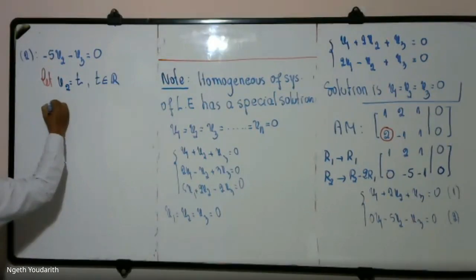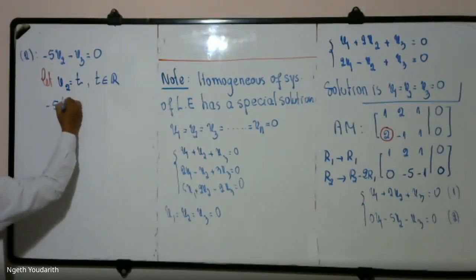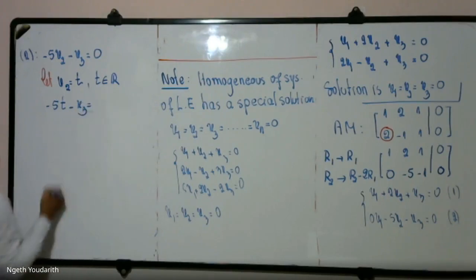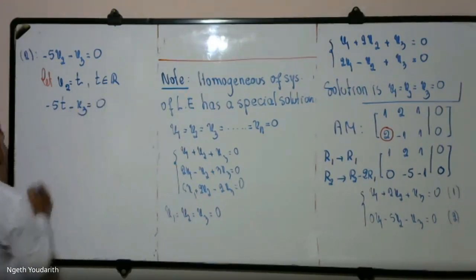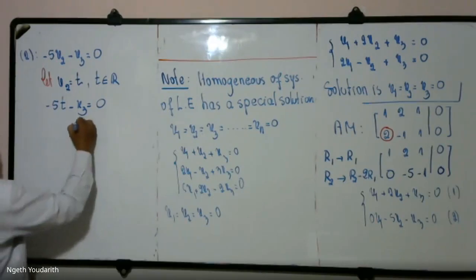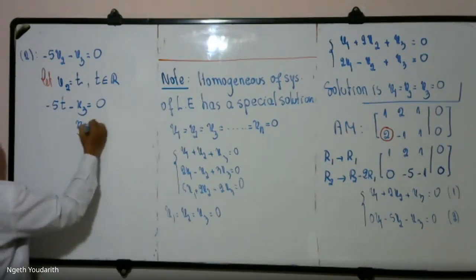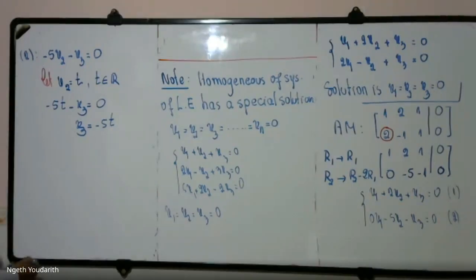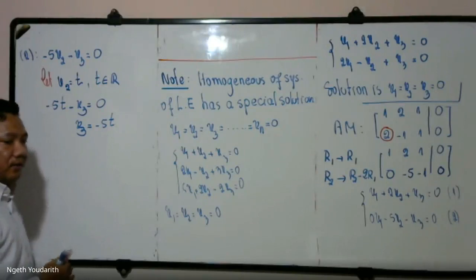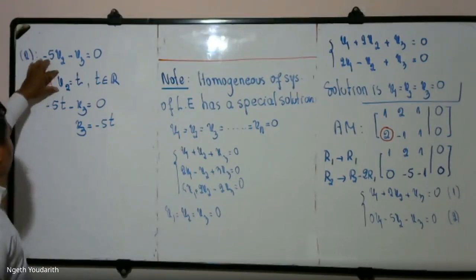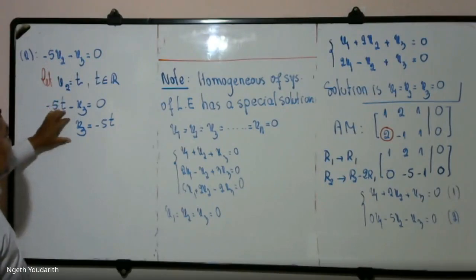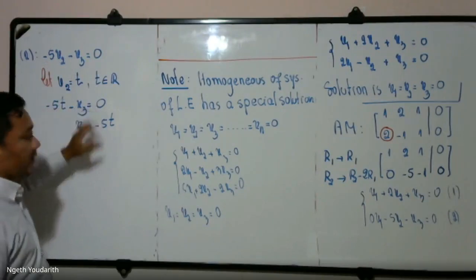So I get 5 minus 5t minus x3 equal to 0. So I get x3 is equal to minus 5t. Now we have two variables with the values x2 equal t and x3 equal minus 5t.